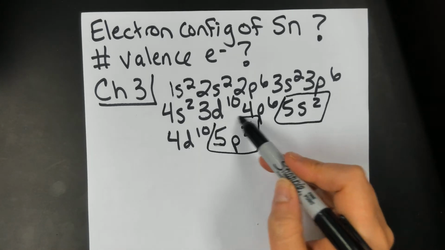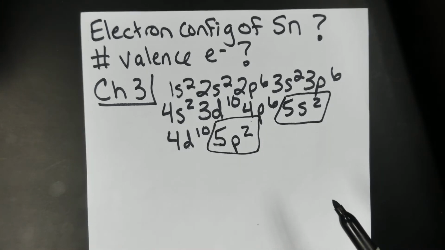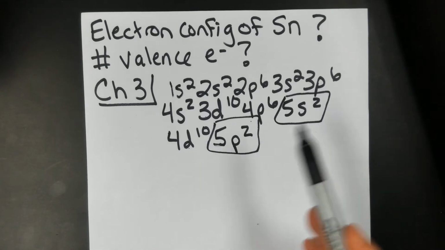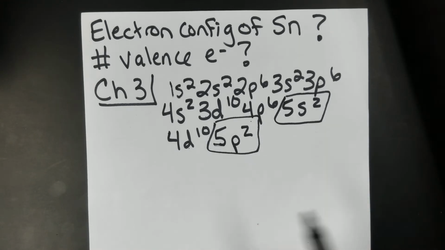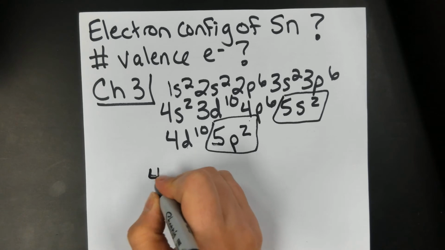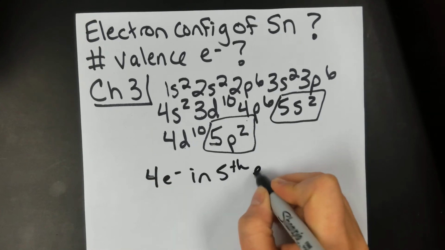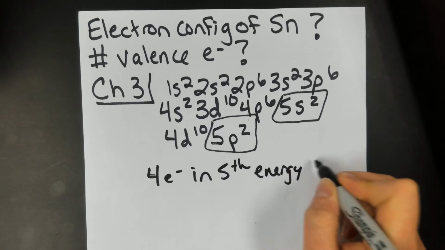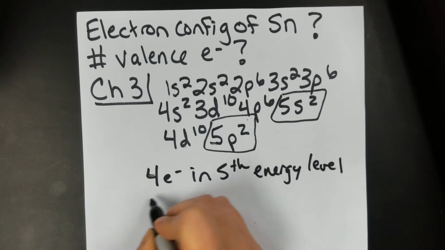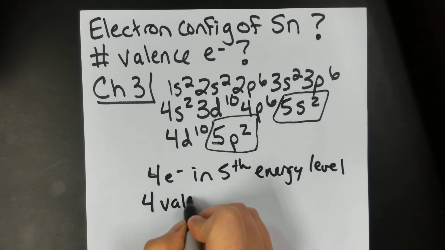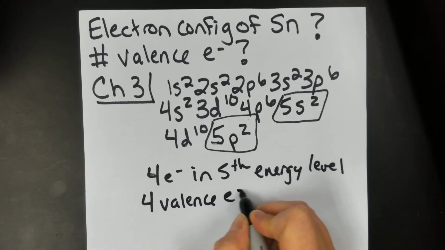So we have 4 electrons in the 5th energy level. So there are 4 valence electrons.